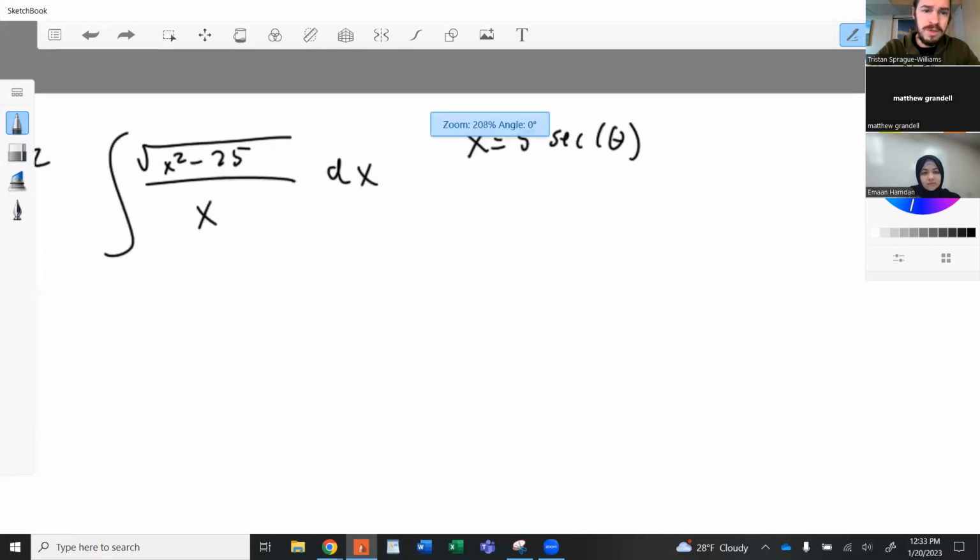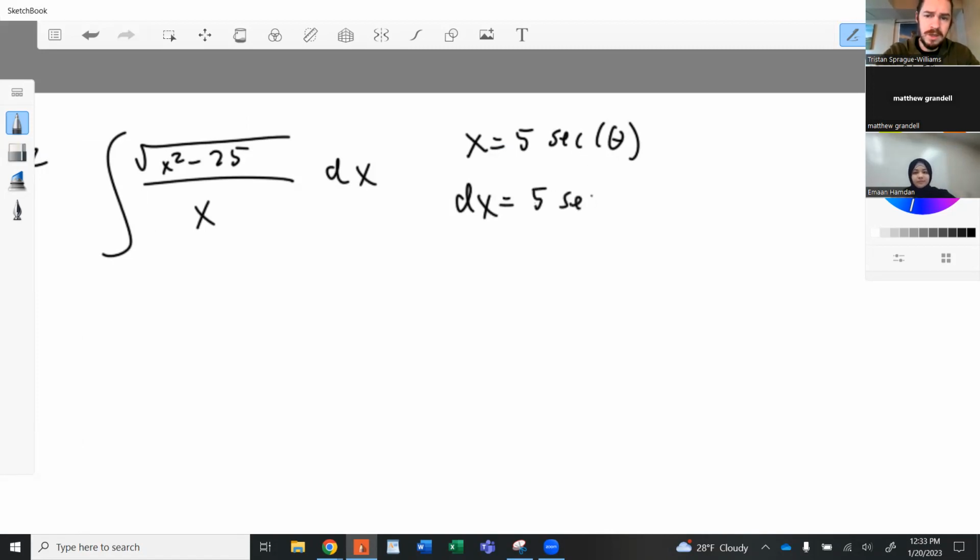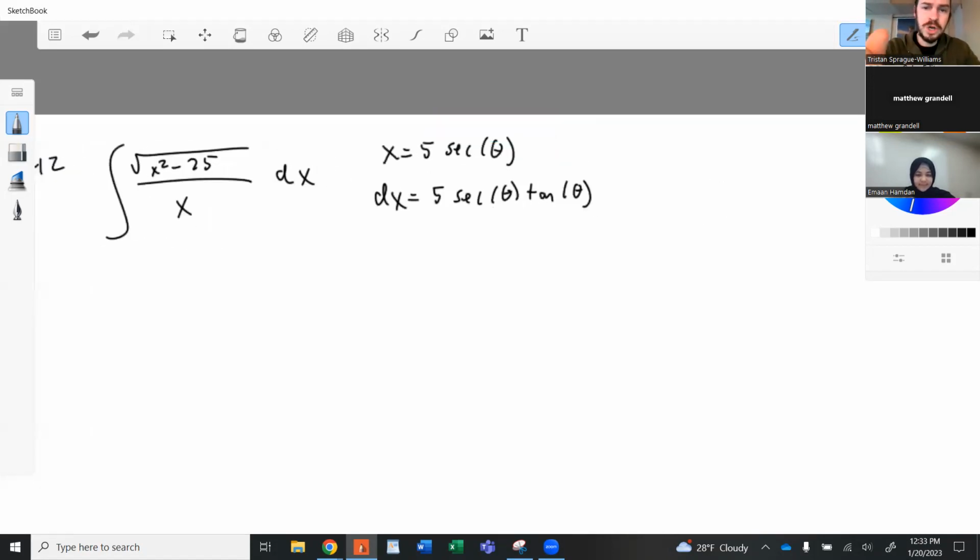So with this substitution, we're going to need to know what dx is. So we're going to need the derivative of secant, which we know is secant times tangent. Now, make sure to use a different variable. I'm using theta. Our textbook uses theta.